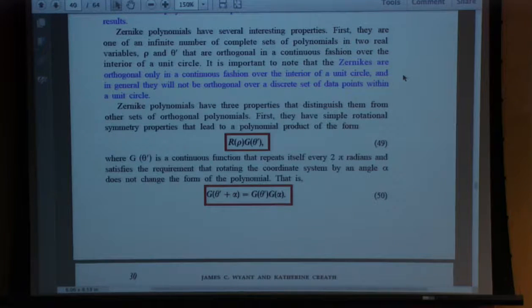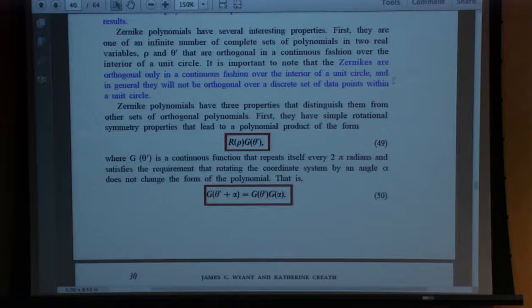By orthogonal, what we're saying is that if I fit a few Zernike terms, get the coefficients for these terms, and then decide, well, let's fit a few more terms, then since these are orthogonal, fitting the additional terms will not change the fit to the first terms. We'll talk a little bit more about that in a minute.